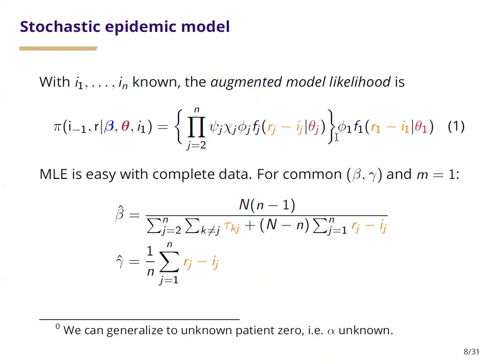And then lastly, for patient 0, which for simplicity I'm just calling the first individual, we're not going to study how patient 0 became infected. This is why we don't see psi and chi terms here.